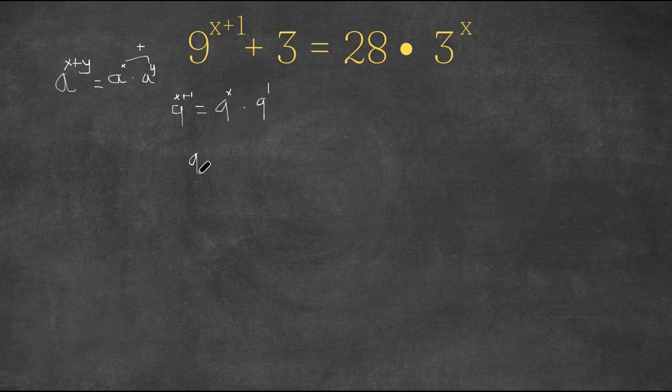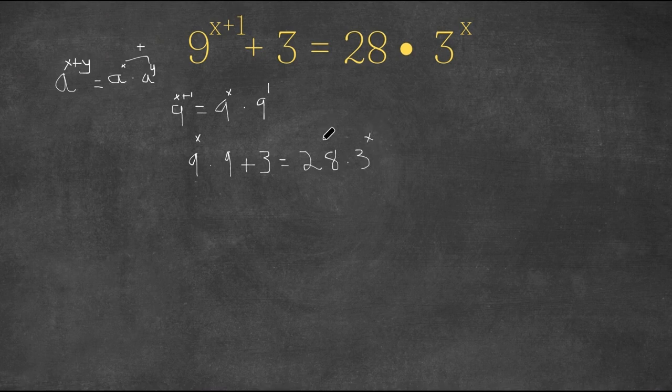We have 9 to the power of x times 9 to the power of 1, which is simply 9, plus 3 equals, this side is still the same, 28 times 3 to the power of x.